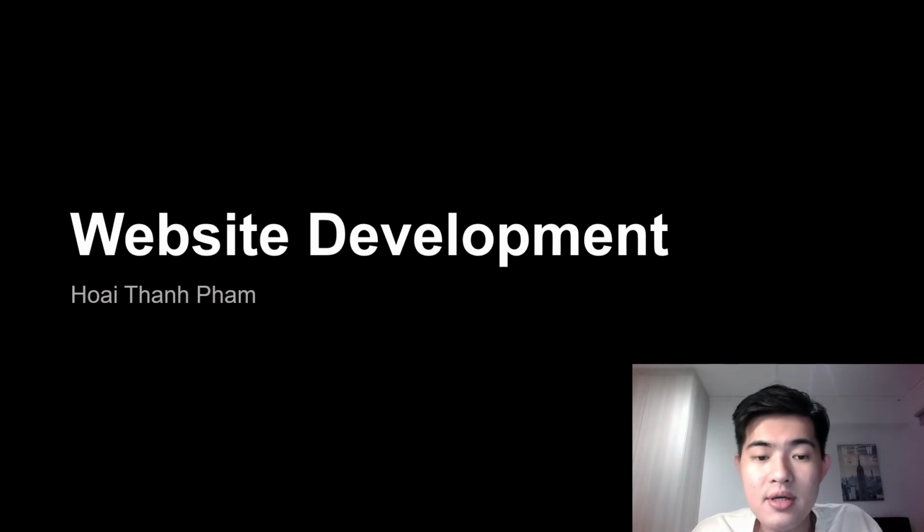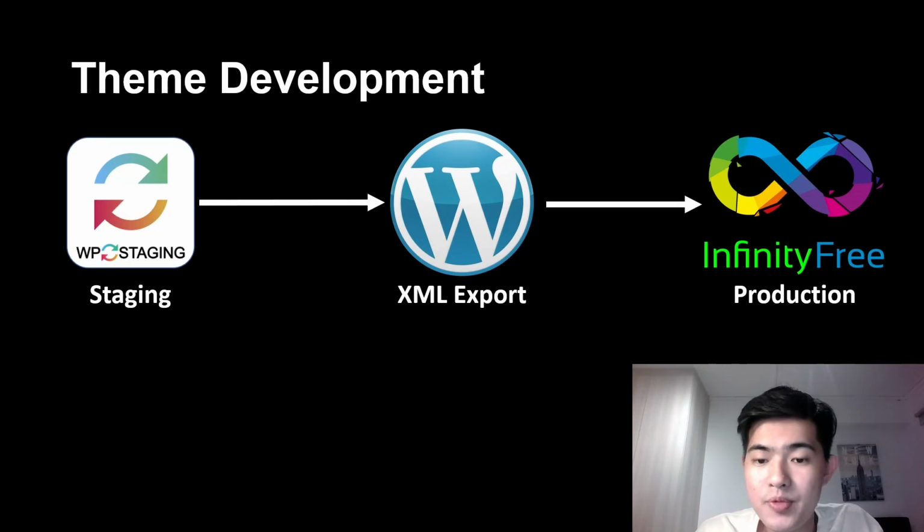For our staging, we use a plugin in WordPress called Duplicator, a backup and migration plugin. This plugin allows us to create a staging site from our existing website. However, we are unable to immediately push our changes to our production site using this plugin, as it is a paid feature.